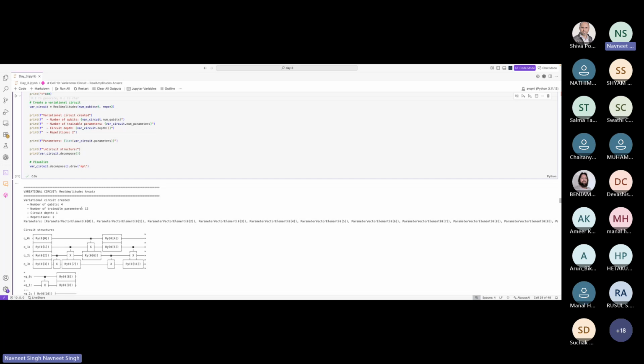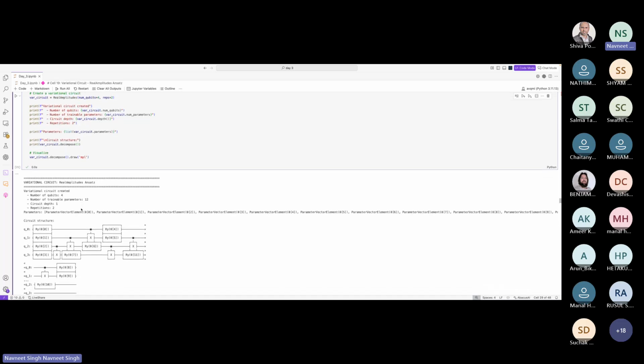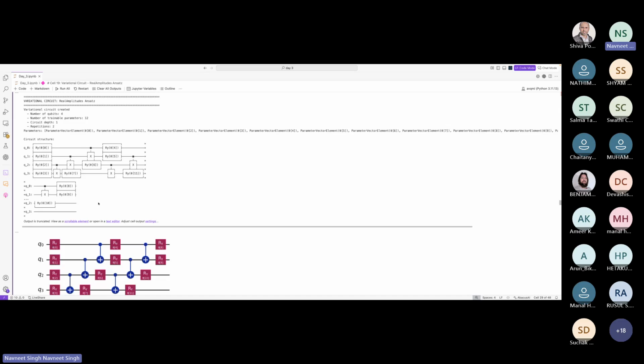We also print the circuit depth, which is the number of layers of gates applied in sequence. Depth is important because the deeper the circuit, the more expressive your model is, but also the more vulnerable to noise in the real world.